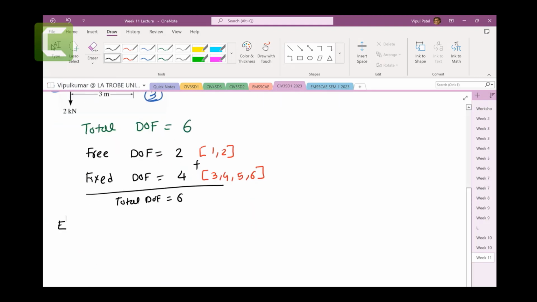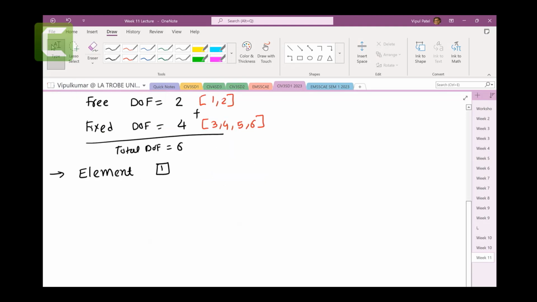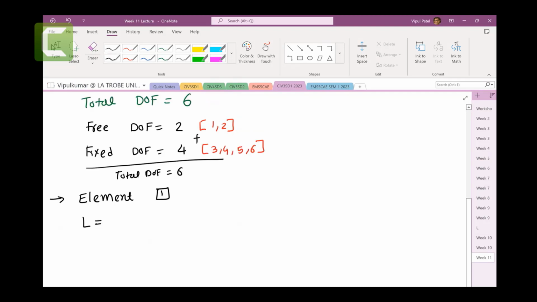Now, let's do element number 1. The good part about this method is that we're not going to look at the whole problem. We're going to break it down element by element. So let's say element number 1. What is the length of element number 1?